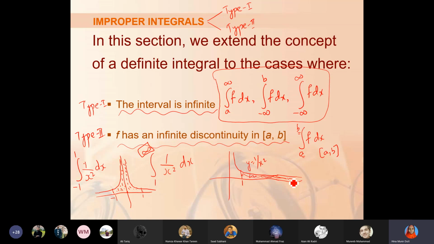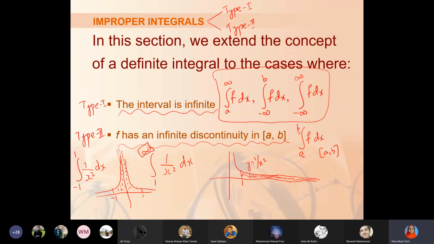In type 1 improper integrals, this region extends towards the positive x-axis or the negative x-axis, and in type 2, the curve extends along the positive y-axis or the negative y-axis.